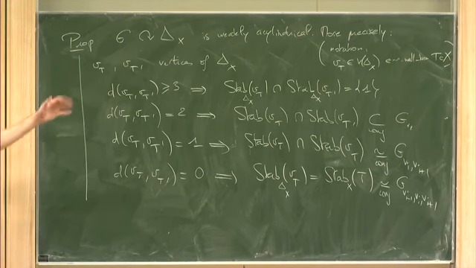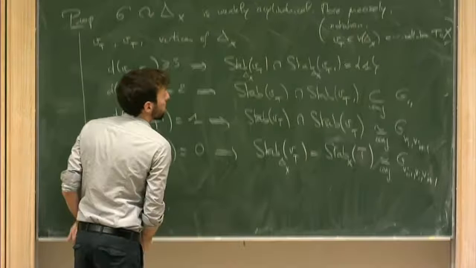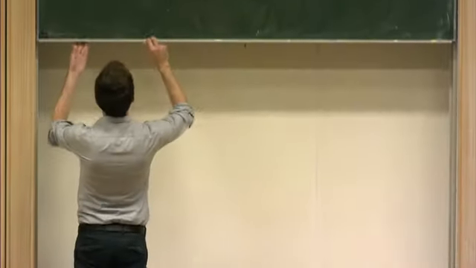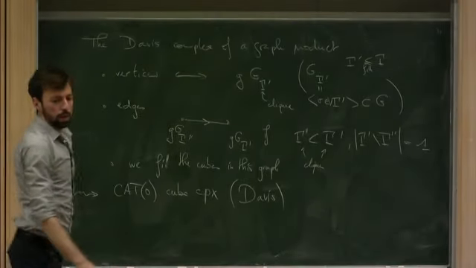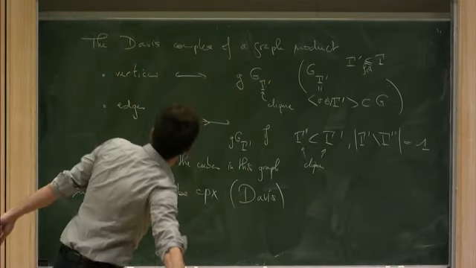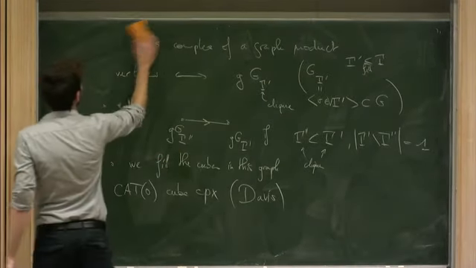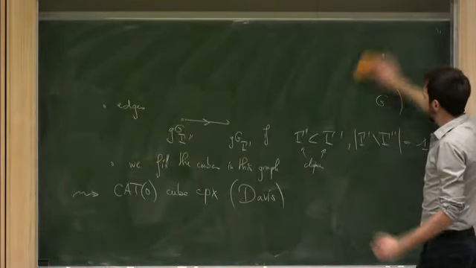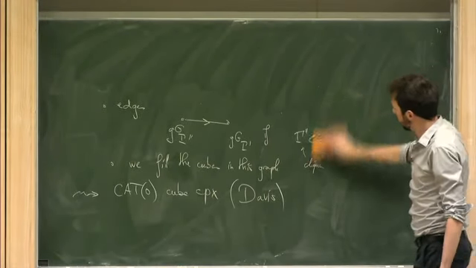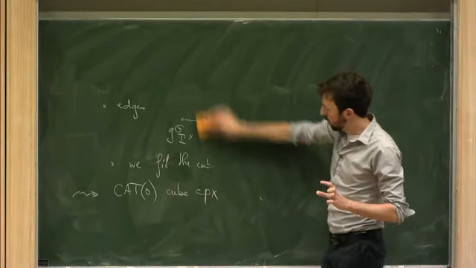And why is that very nice? It's really that key fact that allows you to show that not only the group acts on delta x, but the automorphism group as well. And why is that? Because of this proposition, we've now got a completely algebraic description of the stabilizers of vertices and their intersection.